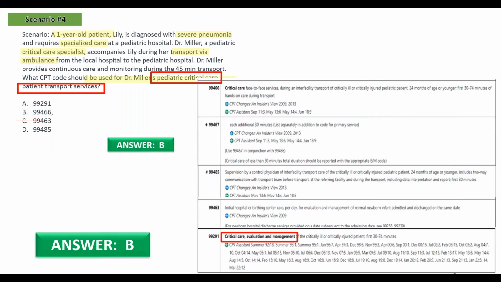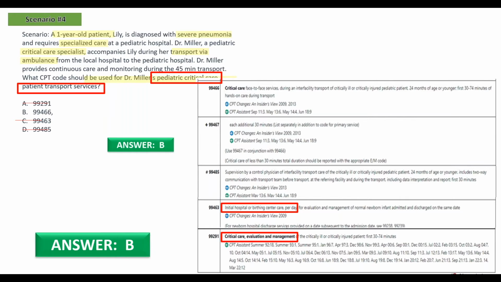Let's see option C, that is coding for an inpatient hospital or birthing center per day. So we are not coding, once again, for inpatient hospital or birthing center care. So option C is also incorrect.